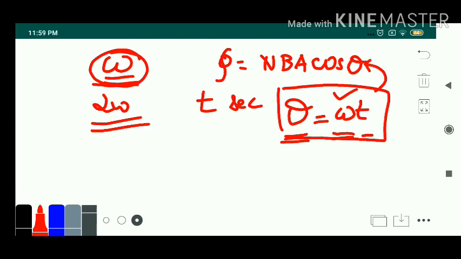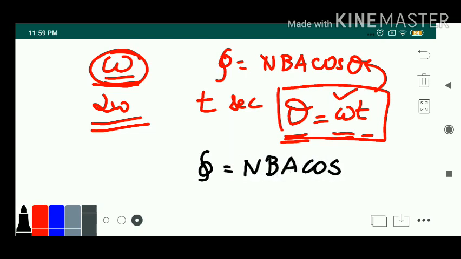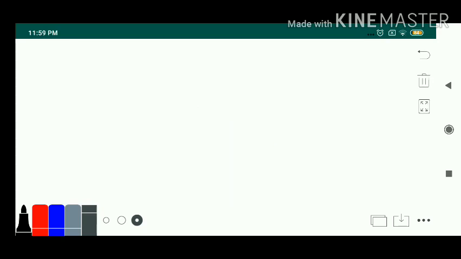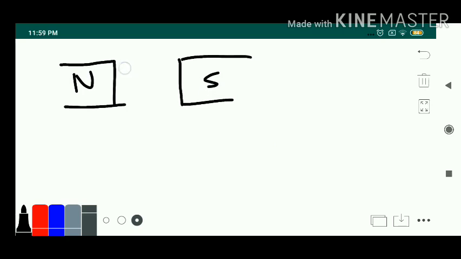So what I am going to write is phi is equal to NBA cos, in place of theta I am going to write omega t, right? Keep it as it is, because we have a little bit to deal with. In the earlier case I told you, this is the north pole, this is the south pole, and you have a coil like this, that is, the entire coil is facing you.